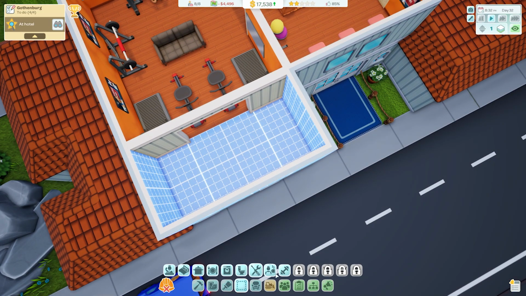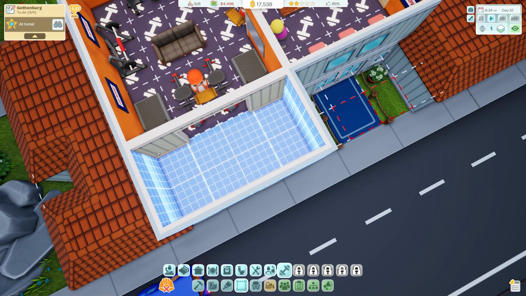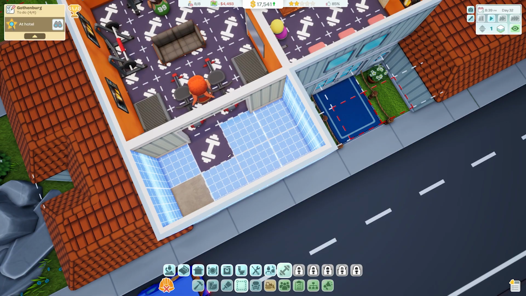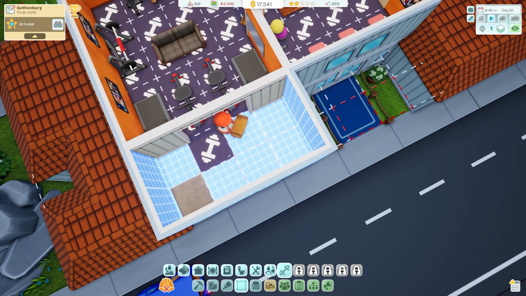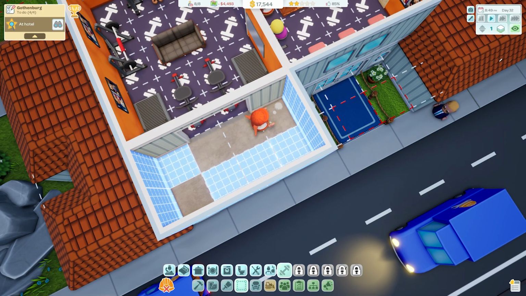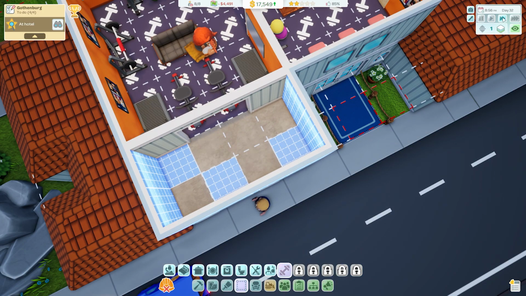Then we're going to zone this as a gym. Okay, so that... Oh, no, wait. That's right. We have to wait for them to put in the flooring. Slowly but surely. Here, let's speed that up.